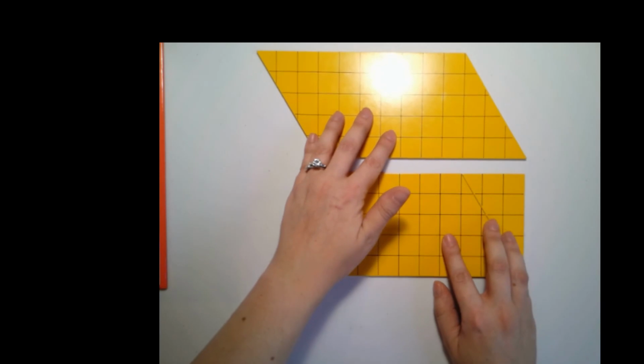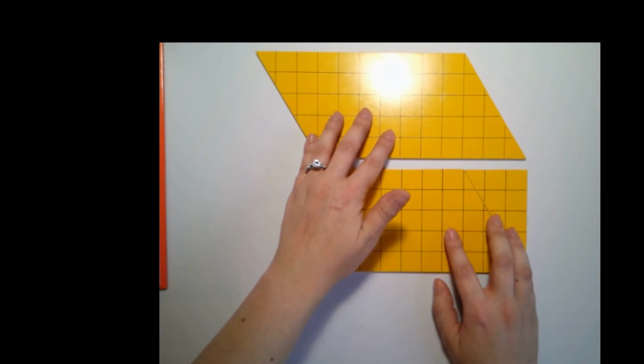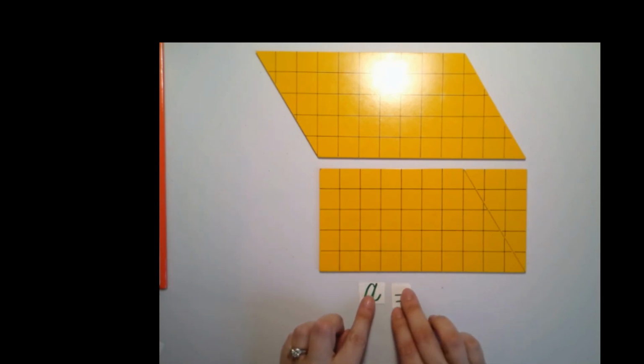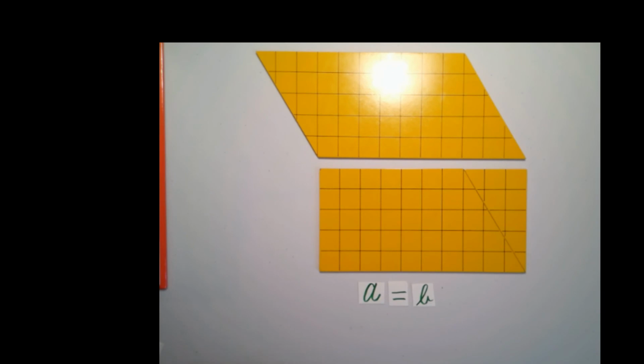So what I'm going to do is use that formula now. Let's see, I need both of these to be in picture. So, use the same formula. Area equals base times height. Okay.